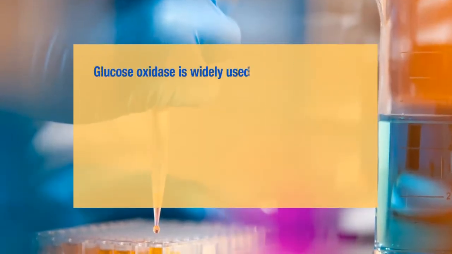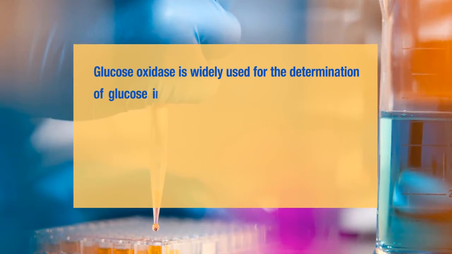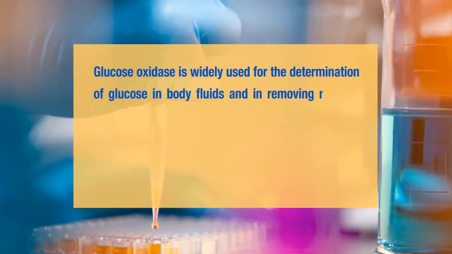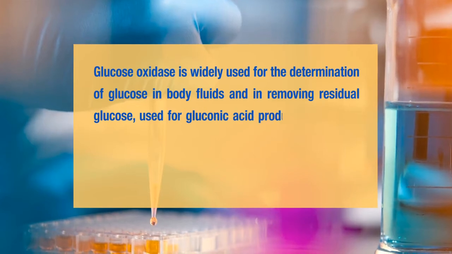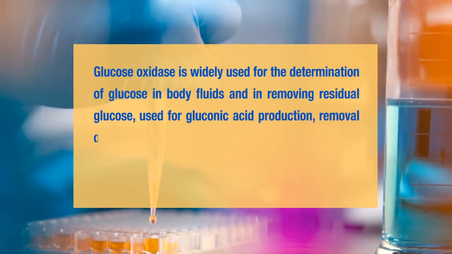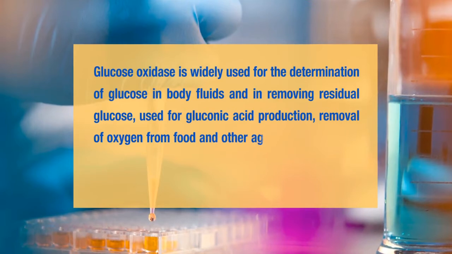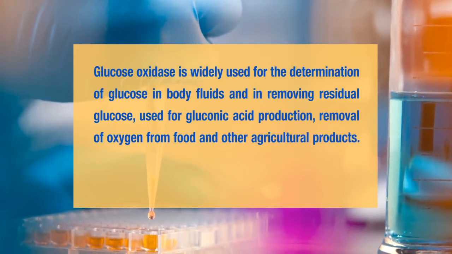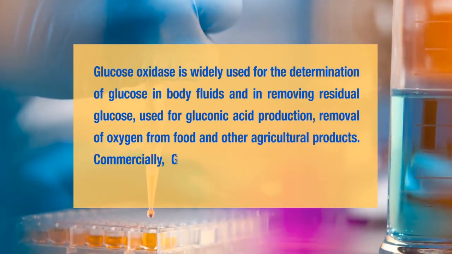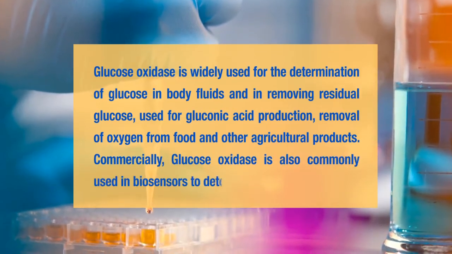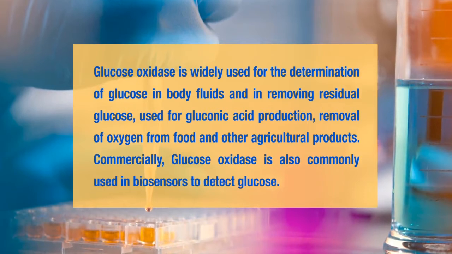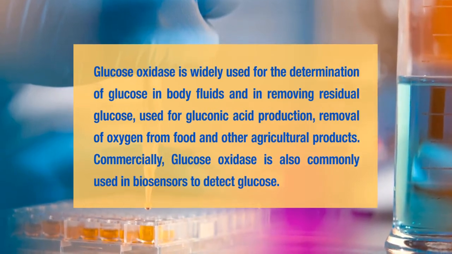Glucose oxidase is widely used for the determination of glucose in body fluids and in removing residual glucose used for gluconic acid production, removal of oxygen from food and other agricultural products. Commercially, glucose oxidase is also commonly used in biosensors to detect glucose.